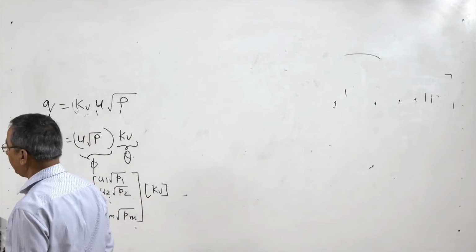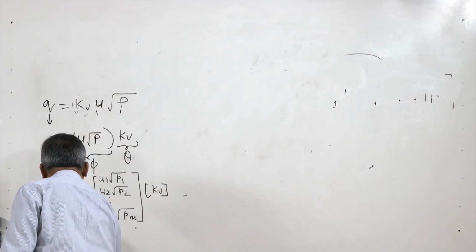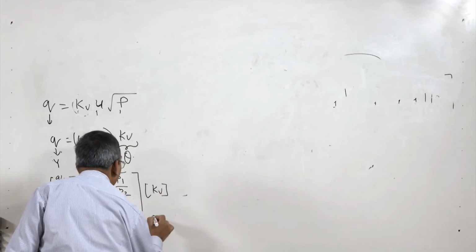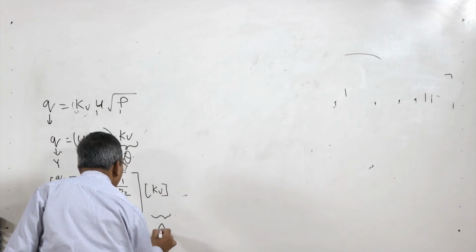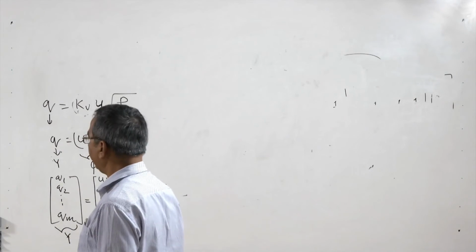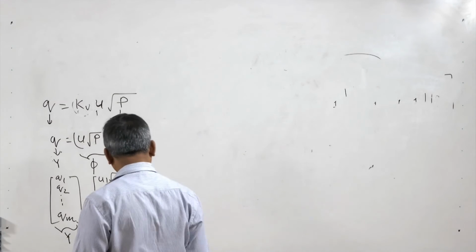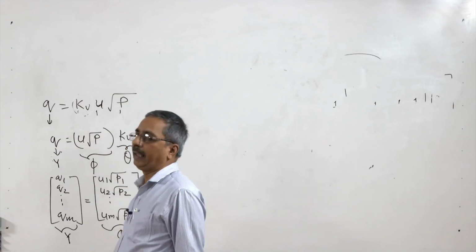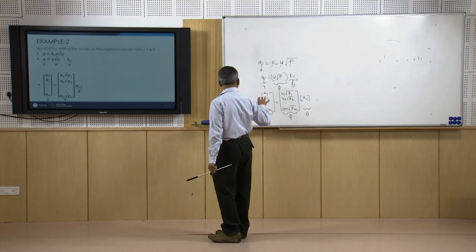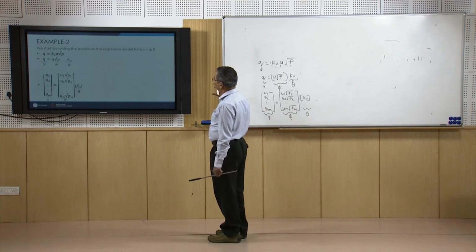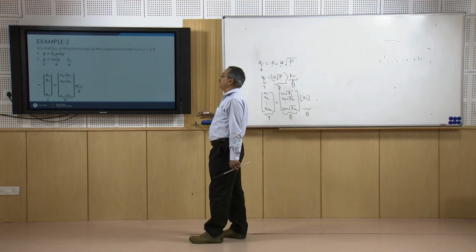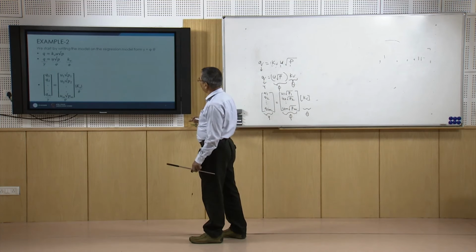Okay. So as I was telling you, this is my y, this is my phi, and this is my theta. And our interest here is to find out this value of kV. So here what we have done is that first we write this mathematical expression which has been given to us in the regression model form.